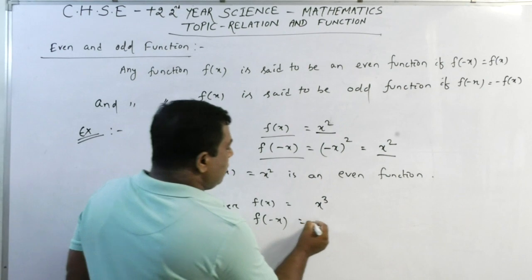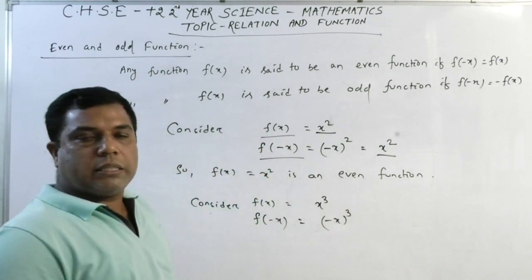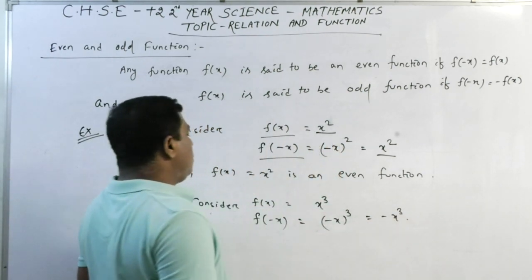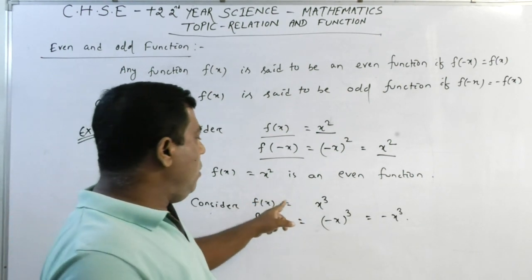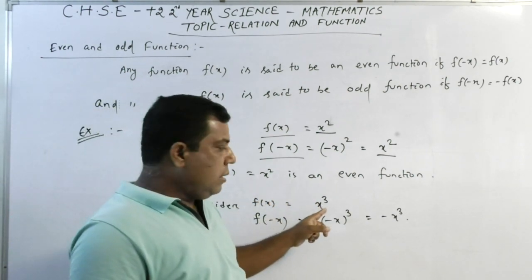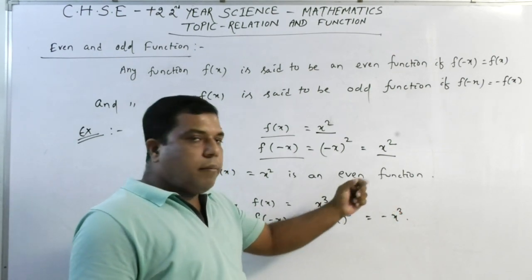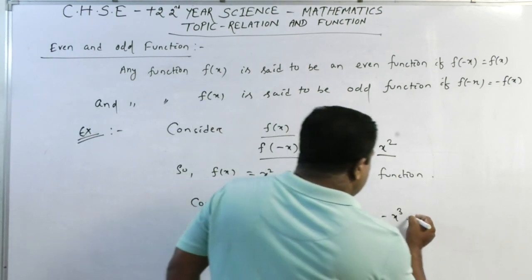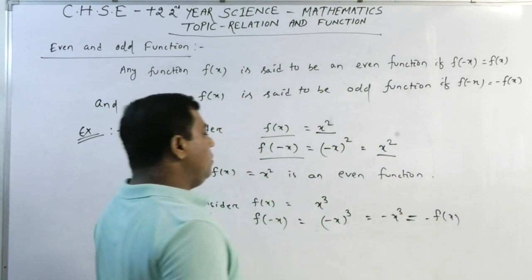It is the cube of the negative value minus x, so it is minus x cube. So you see, the functional value of minus x is minus x cube, which equals minus of the original value.